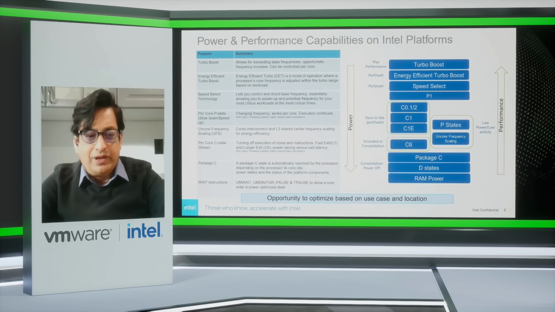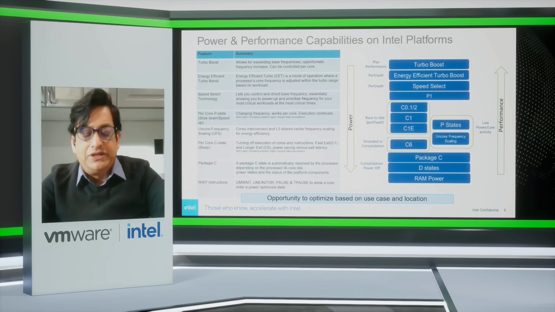We also have wait instructions starting from our 3rd generation, 4th generation Xeon Scalable processors, which allow us to leverage and manage the exit latencies from these different power states, which then allows us to fine-tune the performance and power consumption.